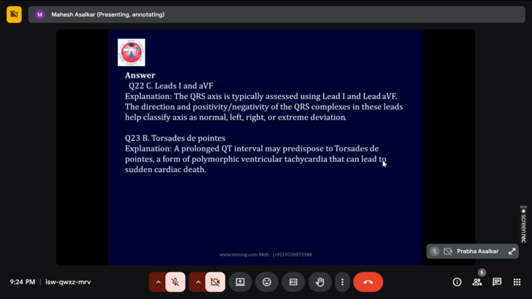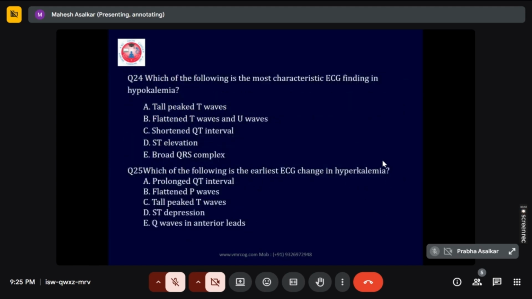Explanation: a prolonged QT interval may predispose to this particular arrhythmia, a form of polymorphic ventricular tachycardia that can lead to sudden cardiac death. So for prolonged QT interval, remember Torsades de Pointes. Okay, continue with the next two questions.